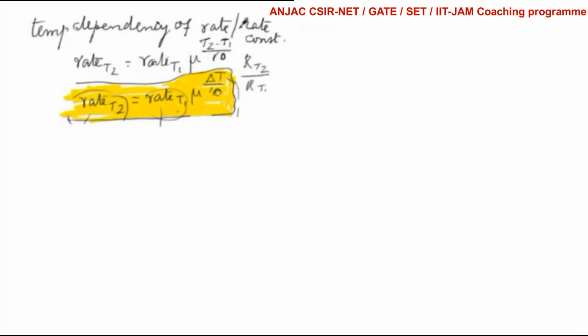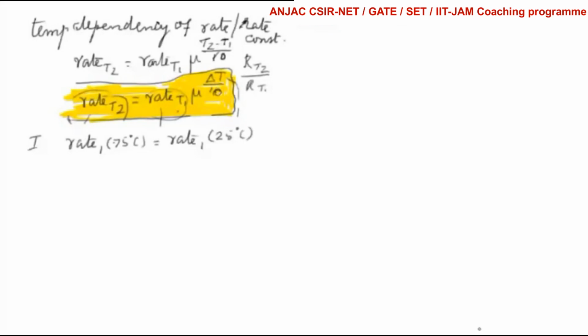So first we will apply it for the first reaction. The rate of the first reaction at 75 degrees centigrade is equal to the rate of the first reaction at 25 degrees centigrade into mu.